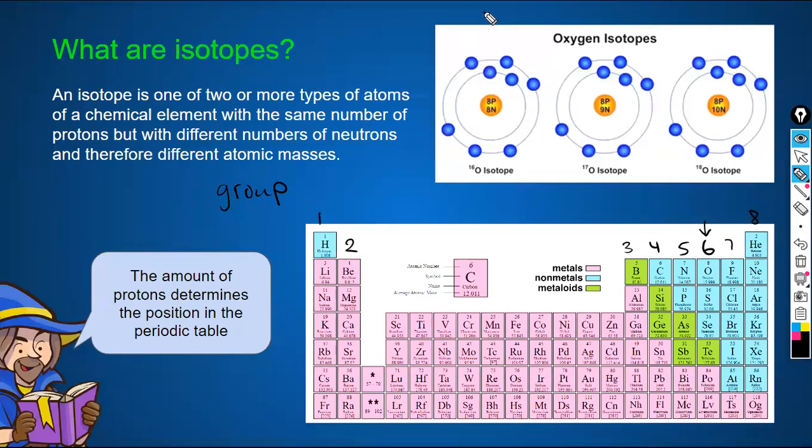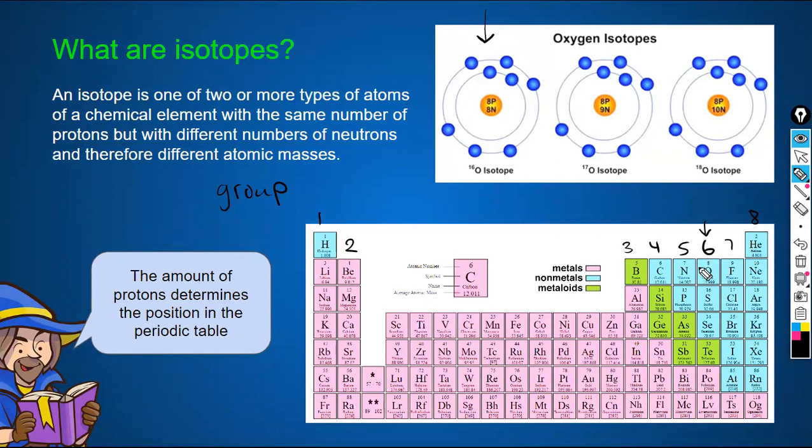I have it here, right? The oxygen that you see in your periodic table, there are many different versions of oxygen, but your periodic table only displays one of the many types of oxygens out there. And it only displays the most popular type of oxygen.